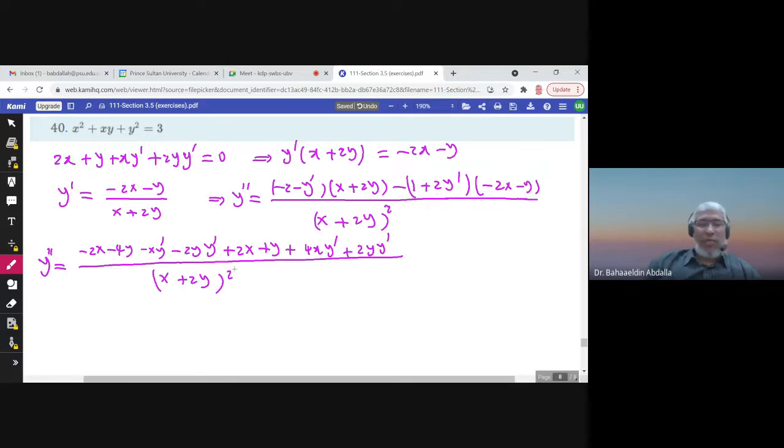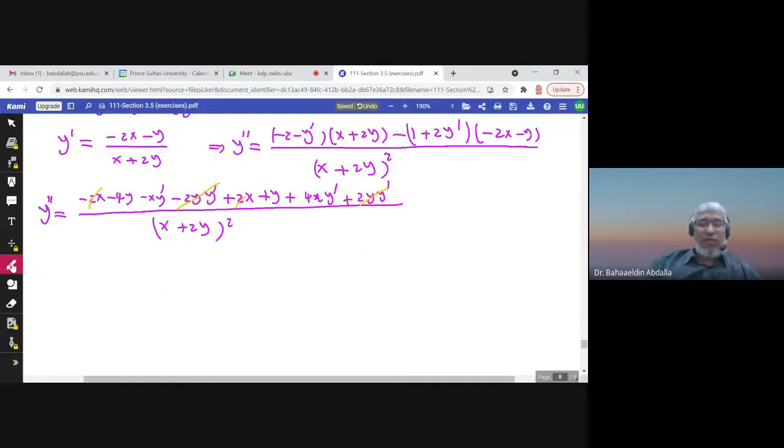Then minus times minus again, plus 2y y prime. Well, I can see that 2y y prime cancels, and here I have negative xy prime and 4xy prime. I can add them together, and 2x cancels with negative 2x.